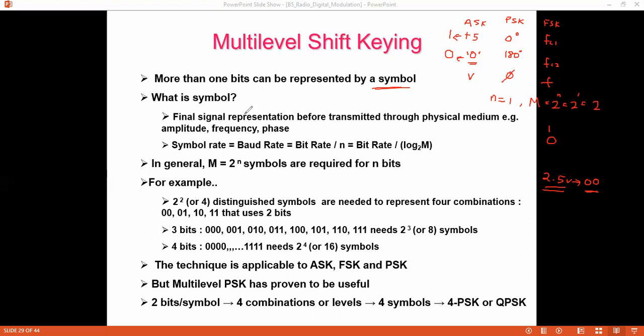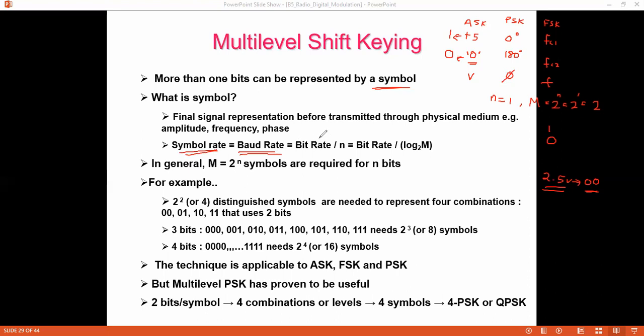Okay, so what's new in this multi-level shifting is the term baud rate. Baud rate is equal to symbol rate. So if a symbol is used to represent more than 1 bit, then baud rate will be less than bit rate.